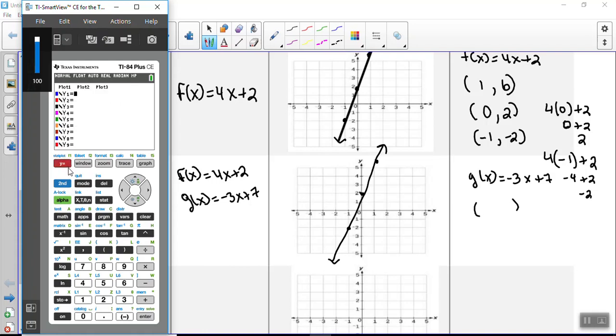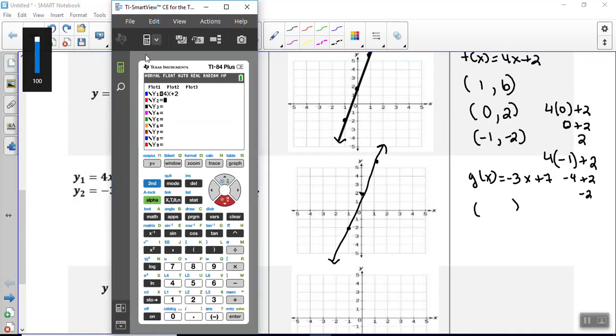I'm going to go to y equals and plug this in. You don't have to, but if you want to check it, you have 4, and this x is always going to be this big X button over here. Just always use that x, plus 2. So that's y1. And then I'm going to jump down here and plug in my next function. g of x is y2. That's how I have it written here as well.